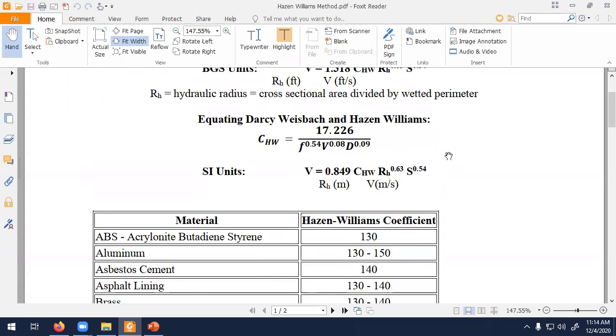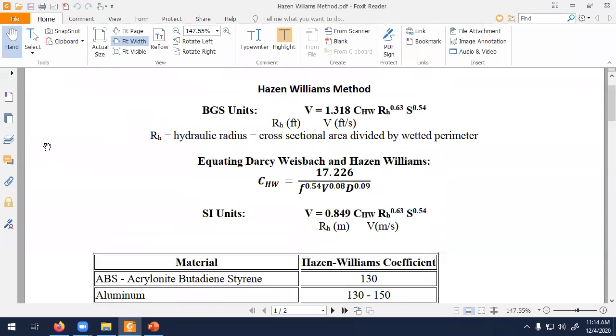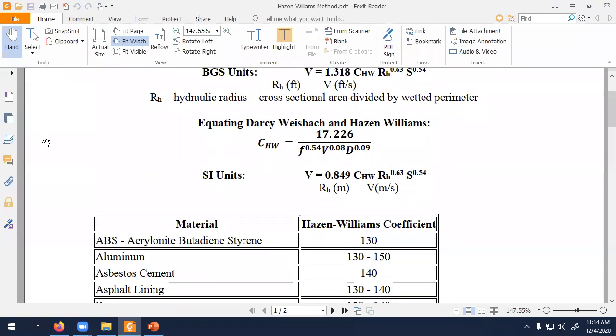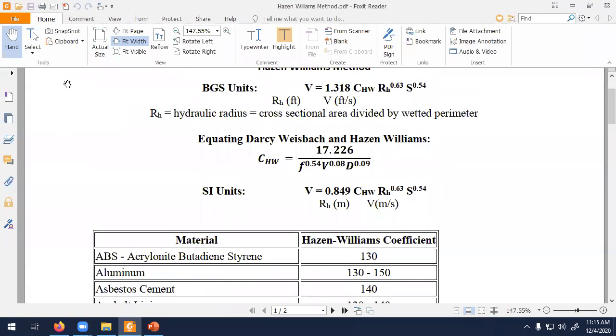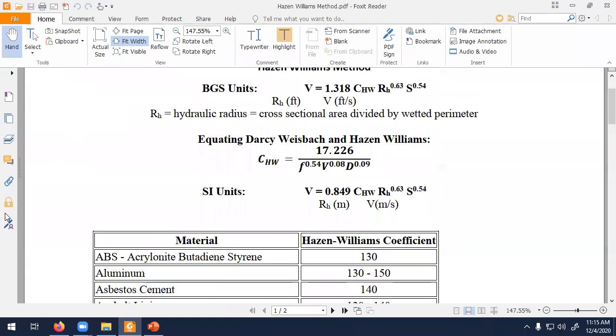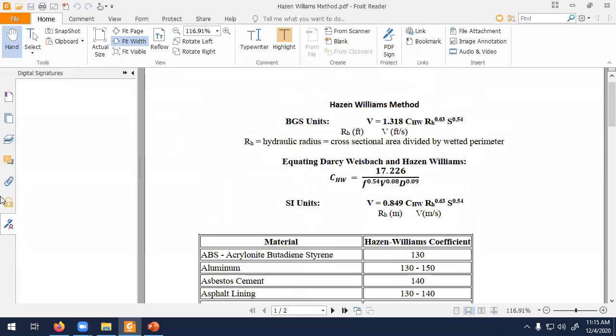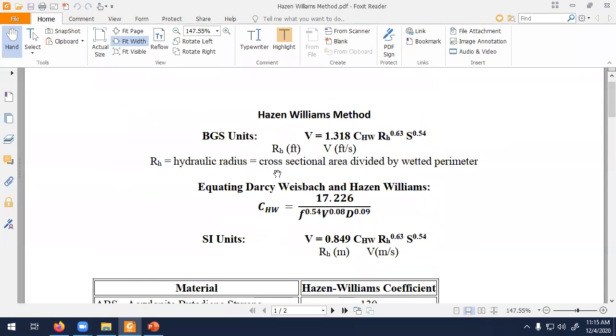And if you equate the Darcy-Weisbach equation to the Hazen-Williams equation, let H sub F of one equal H sub F for the other, what you can do is tease out the equation that you see on the center of the top page, where the Hazen-Williams coefficient you can see is inversely proportional to the Darcy-Weisbach friction factor.